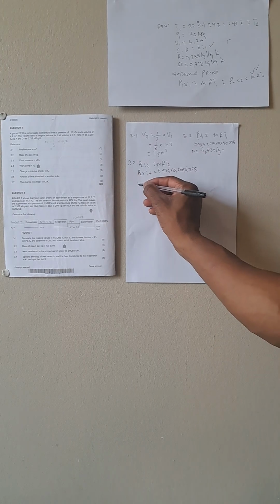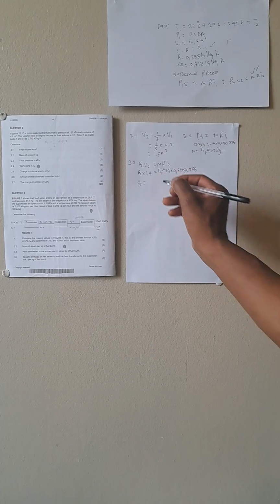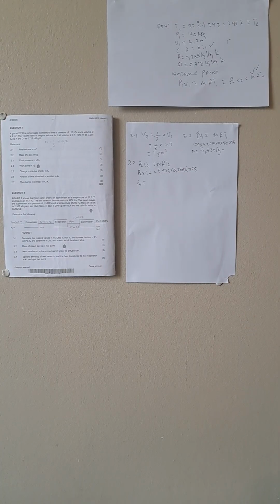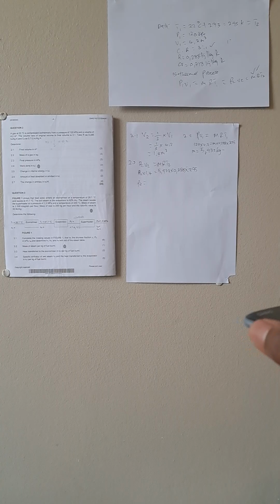Let's make P2 the subject of the formula: 5.932 times 0.288 times 295 divided by 1.4.